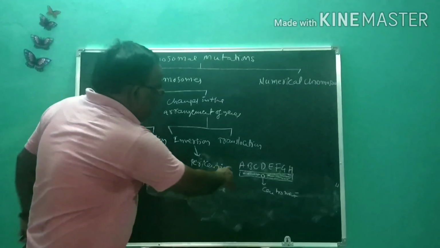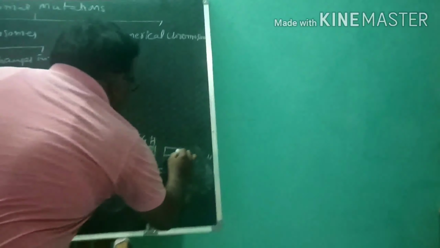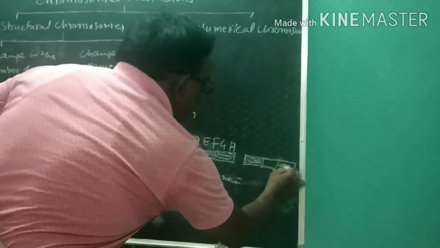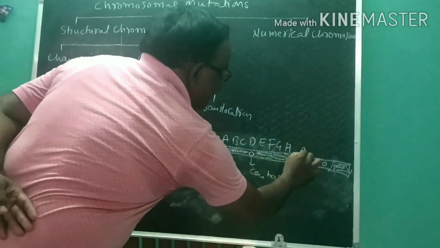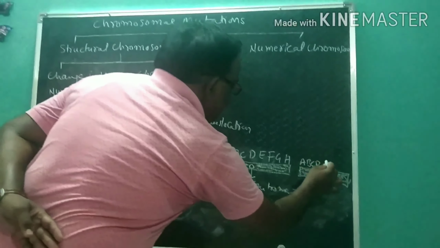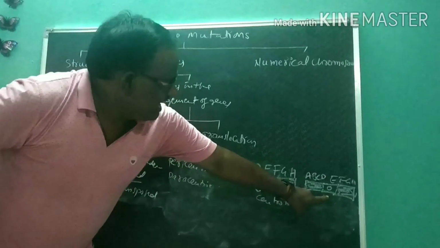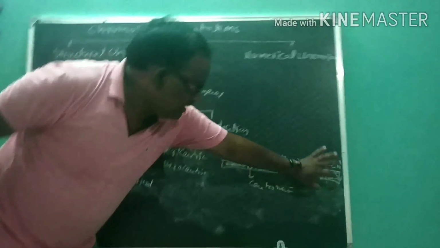For example, A, B, C, D, centromere, E, F, G, H. So with the breakage, this side of the chromosome and this side have the centromere in between.